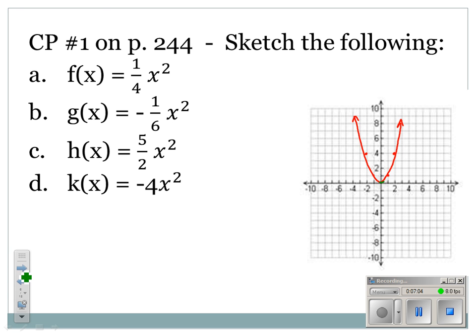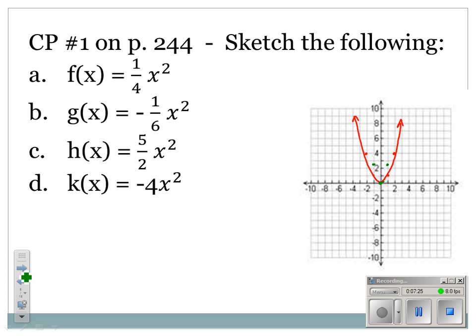So just take a couple of values and put them in again. We have not gone horizontal, so we know we're still starting at the vertex of 0, 0. If I put in a 1, 1 squared is 1. 1 times 5/2 is 2.5. See how it's going to grow much faster? We're stretching it vertical.